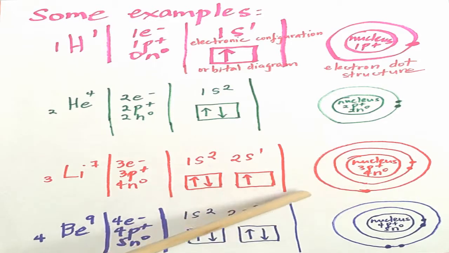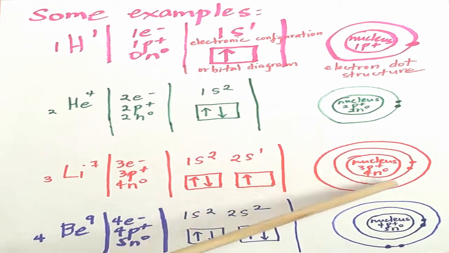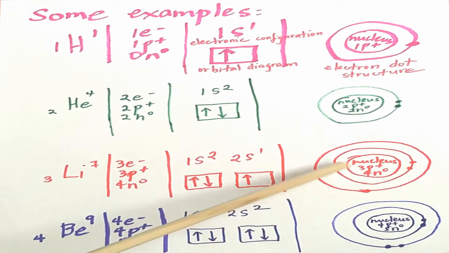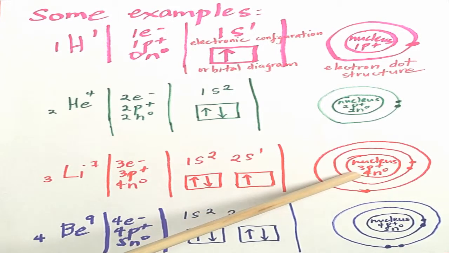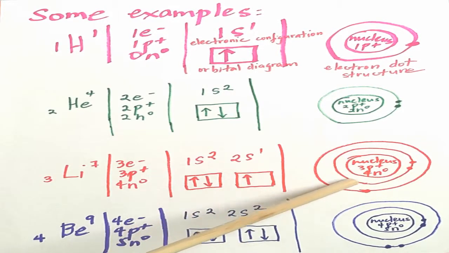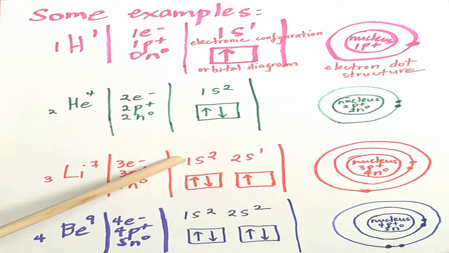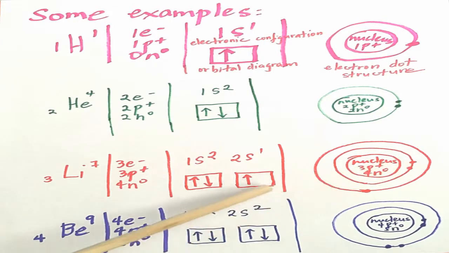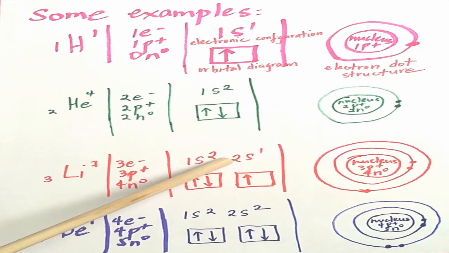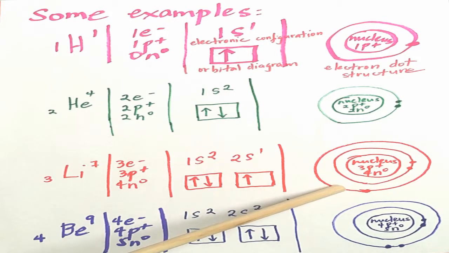So if we draw the lithium atom, you would have its nucleus here with the 3 protons and the 4 neutrons. You have 2 orbitals, the first one representing the 1s2 with the 2 electrons, and the second one representing 2s1 with 1 electron.